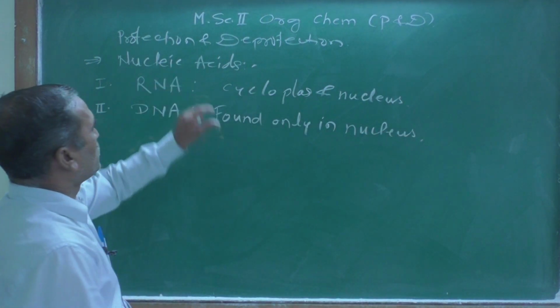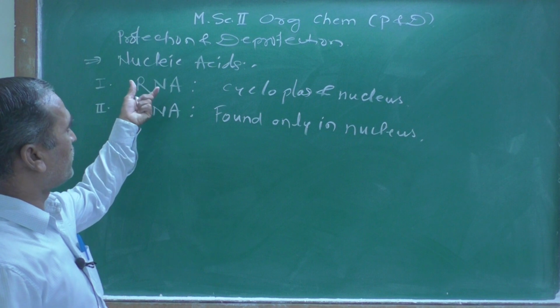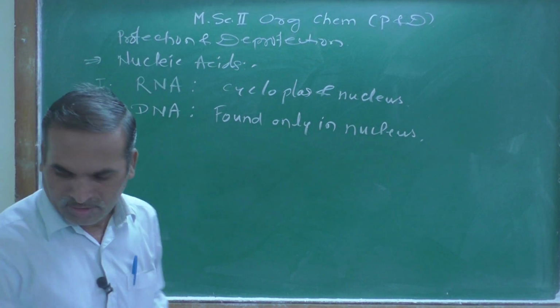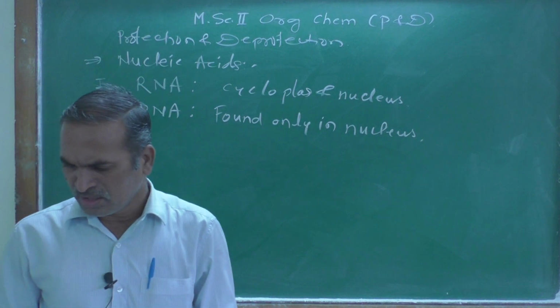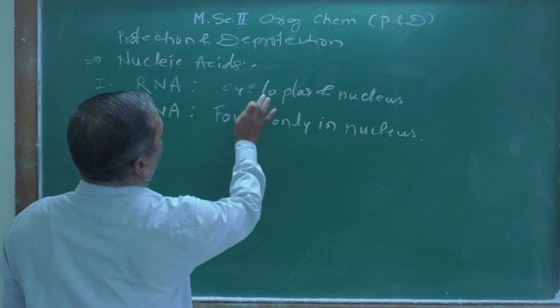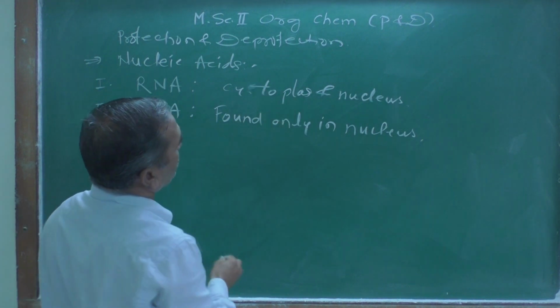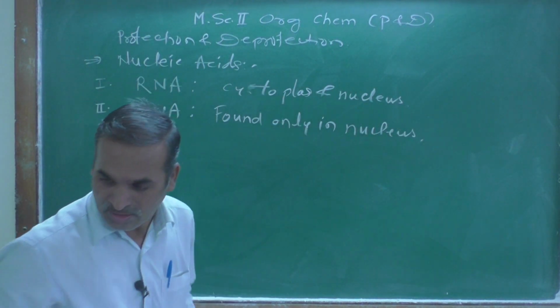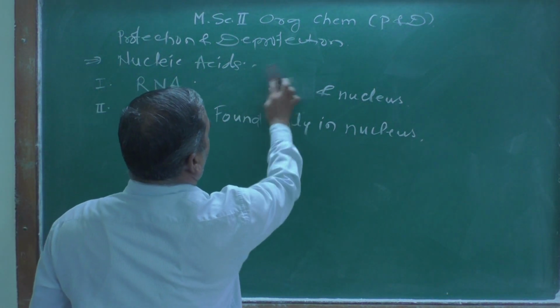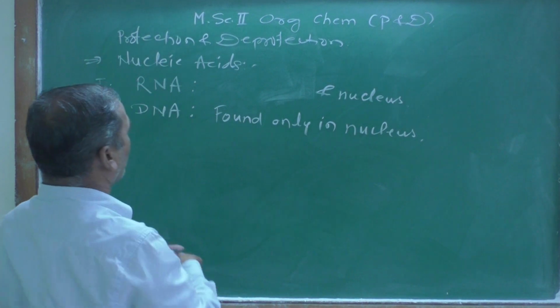So in nucleic acid there are two types. One is RNA, which is found in cytoplasm. Let me write that word properly over here.